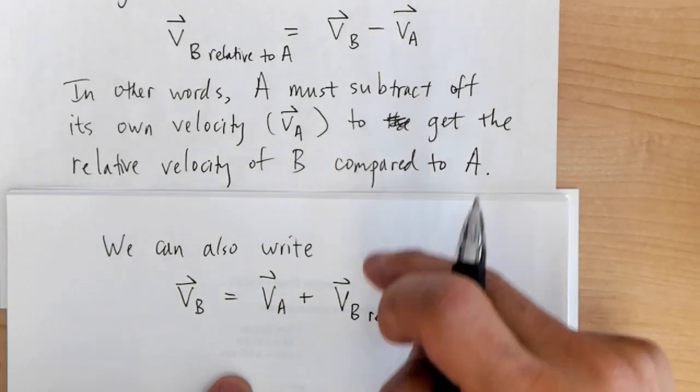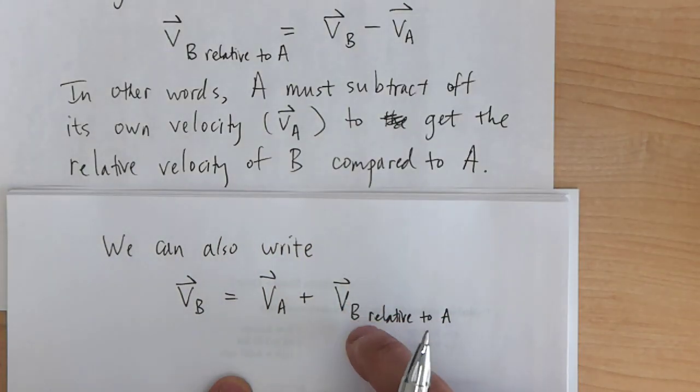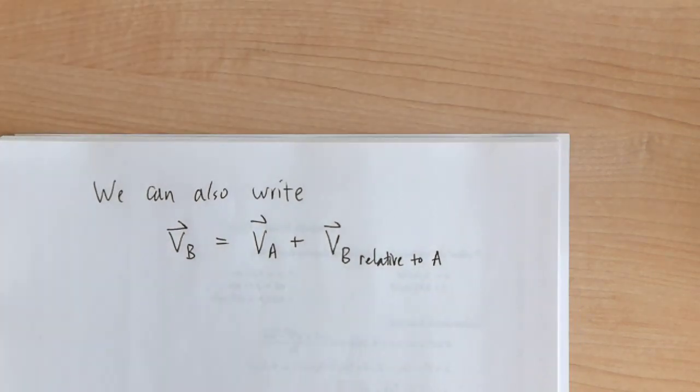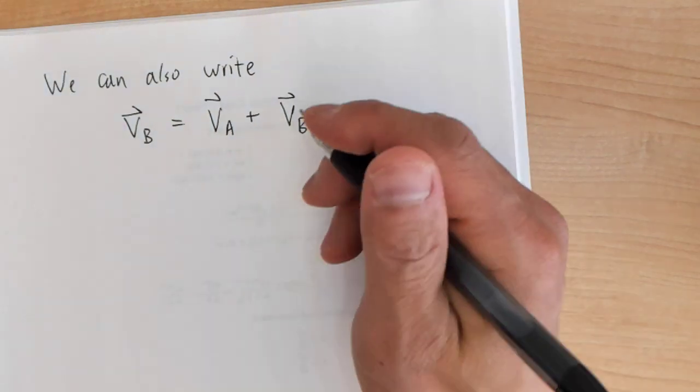You can see these two equations are the same if I solve for VB relative to A. Okay, so if you're having some trouble with this, let's do an example.